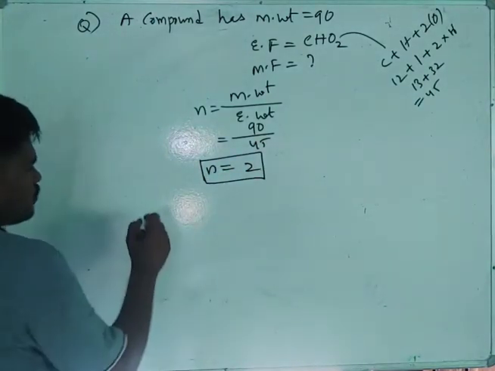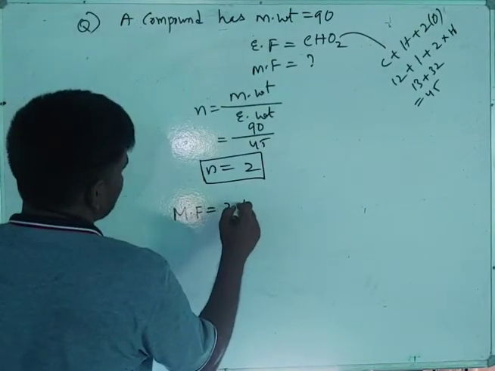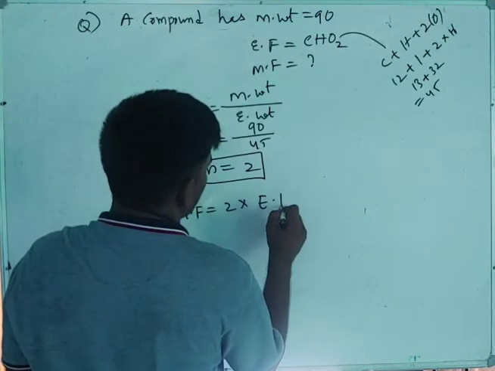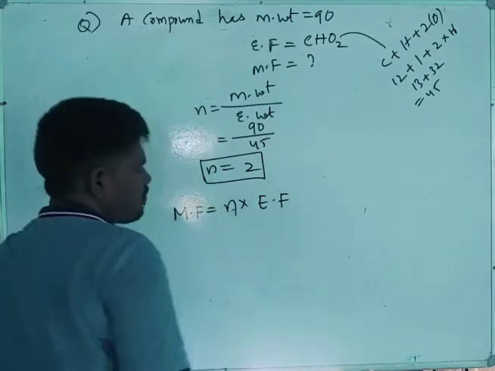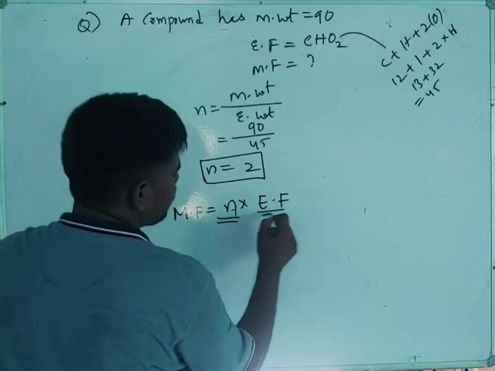Now you know the formula. Molecular formula is equal to n into empirical formula. So now we know the n value, we know the empirical formula.